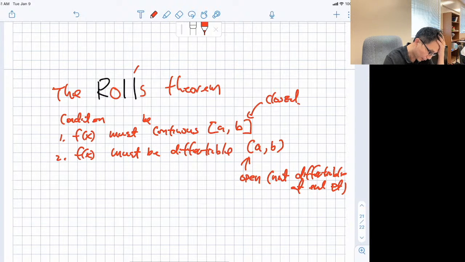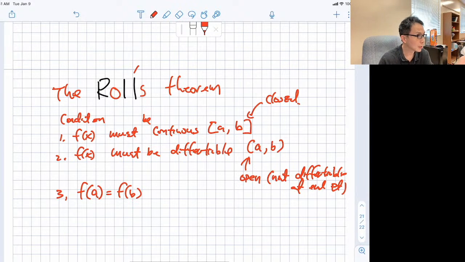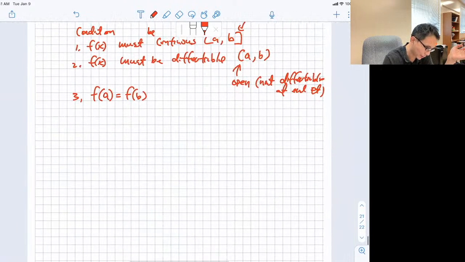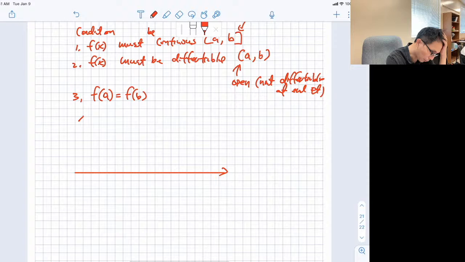Okay. The third condition is actually interesting. f of a equals f of b. That's a very interesting one. Why did he list that? Because the result is this: f prime of c is equal to 0.